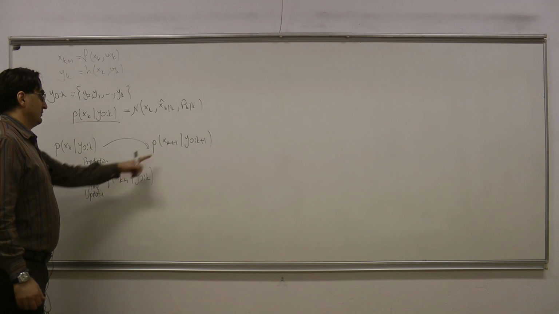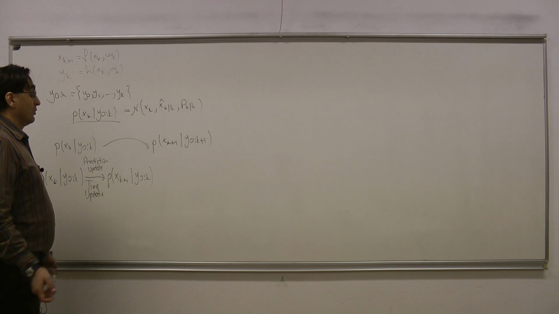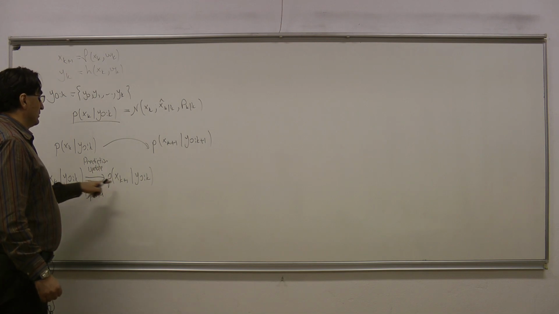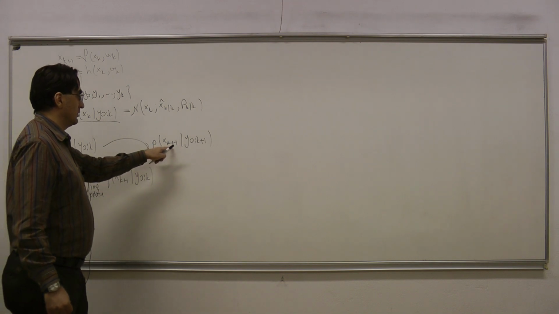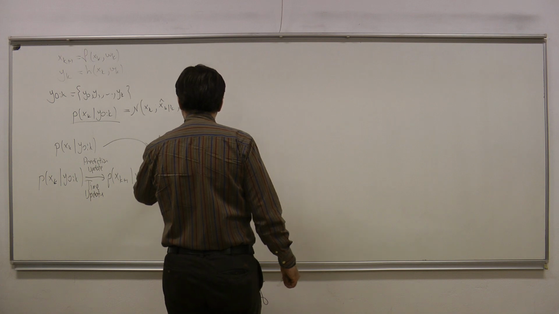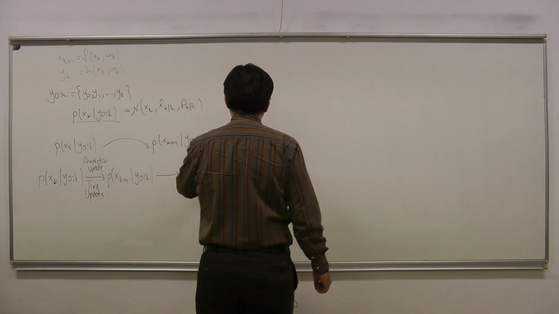But you see that this is not the same as the next distribution that we would like to obtain. So what we do is we first go from here to here, then we go to this distribution, so we obtain p(x_{k+1} | y_{0:k+1}).